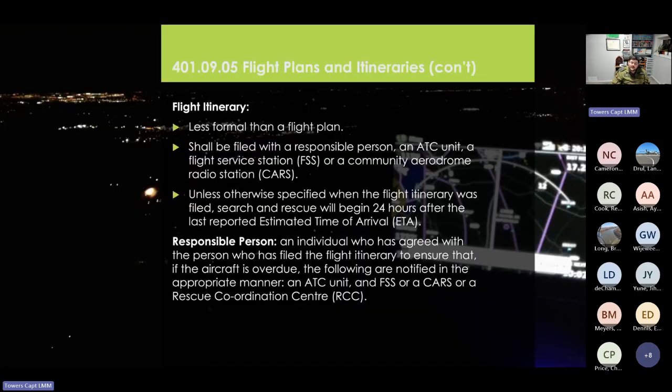So they agree to notify an ATC unit, an FSS, so flight service station, or CARS, or rescue coordination center. So basically, they've agreed to watch for you to arrive, and if you don't arrive, contact the appropriate authorities to look for you.